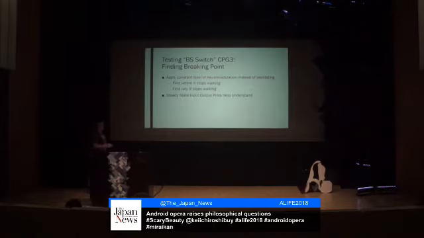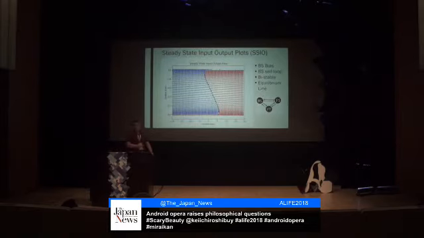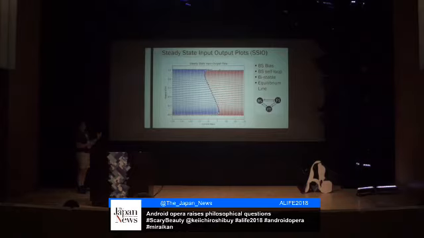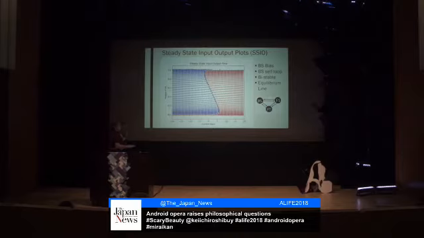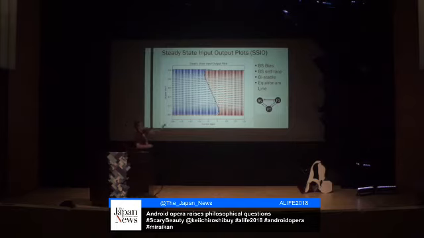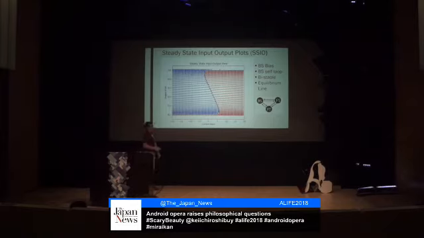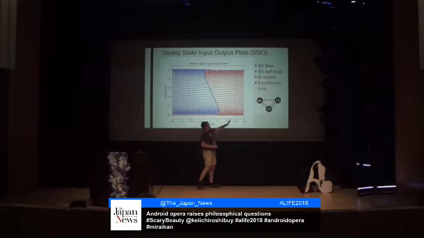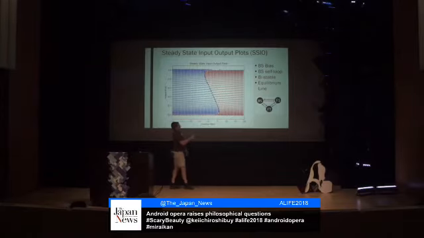One thing that can help us a little bit to understand what's going on is a steady state input-output plot. This is a way of visualizing what's going on to a particular neuron. If we're looking at the backswing neuron, if I inject a constant, very strong negative signal to it, it's going to drive it down, and it's going to be sitting there at a stable point off. Similarly, if I put a very positive signal, it's going to drive it upwards, and it's going to reach an equilibrium point at the top.